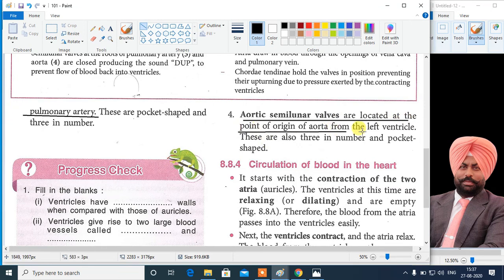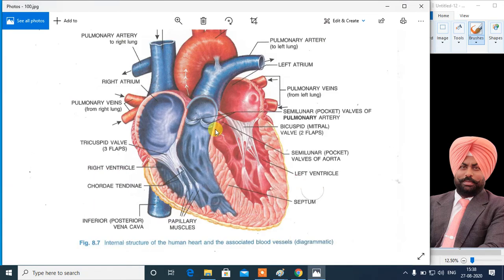It is located at the point of origin of the aorta from the left ventricle. Understanding with the help of the diagram, with the help of the cursor, you can see a very minute red colored valve present below the cursor, called the semilunar valve of the aorta, also called the aortic semilunar valve.